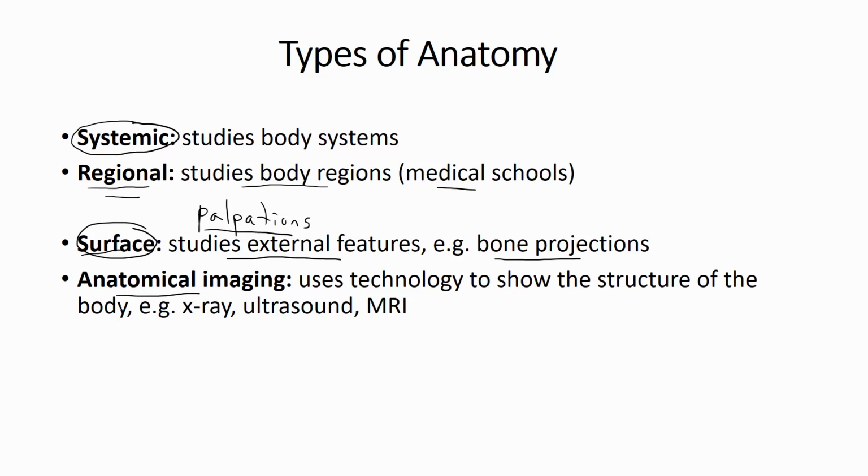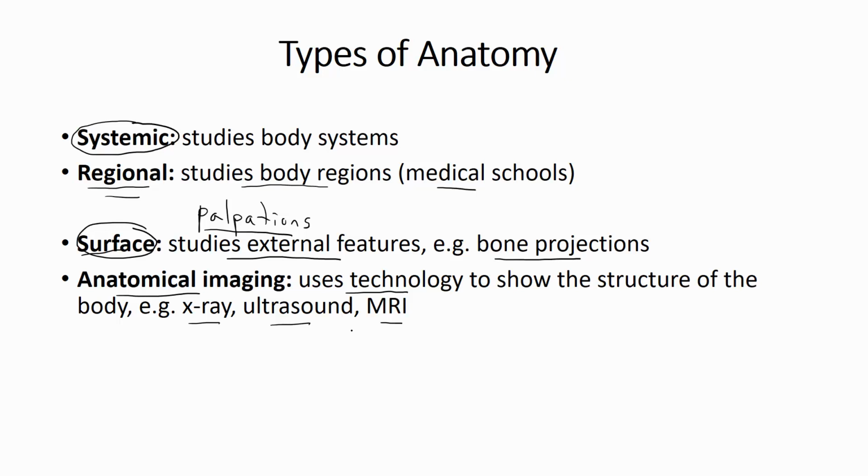If we have deeper structures or injury, we'll often use technology to see things. Most common, you're familiar with these: x-rays, ultrasound, things like MRI. Which of these you use is going to depend on what you're looking for. For example, if I'm looking at bone, I'm going to use x-ray.